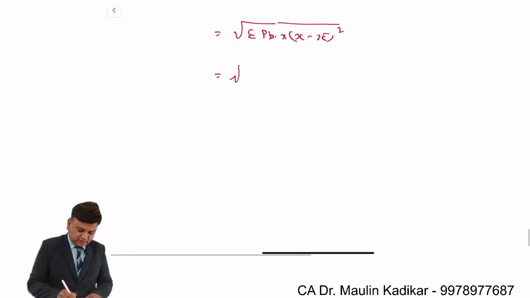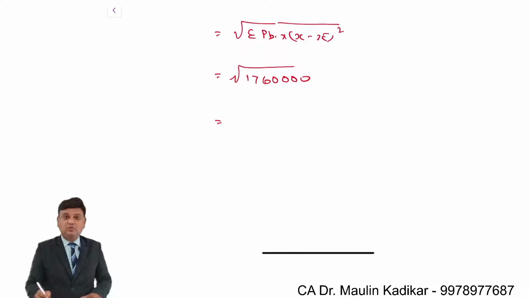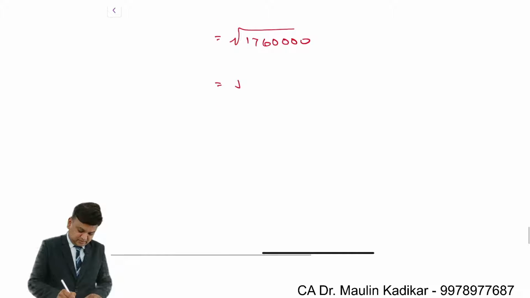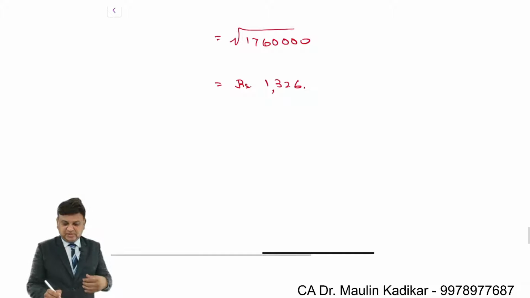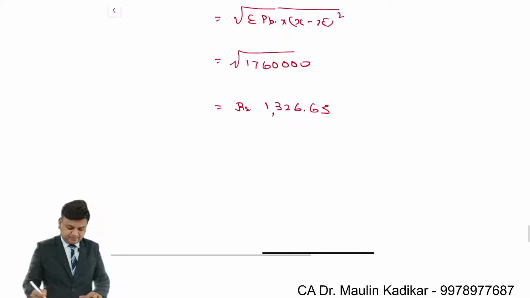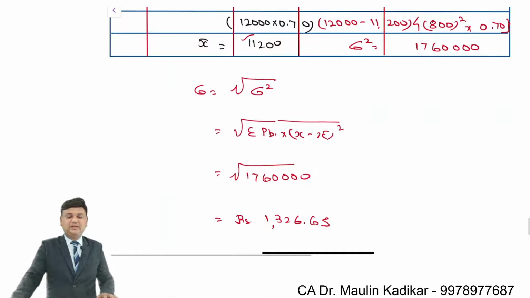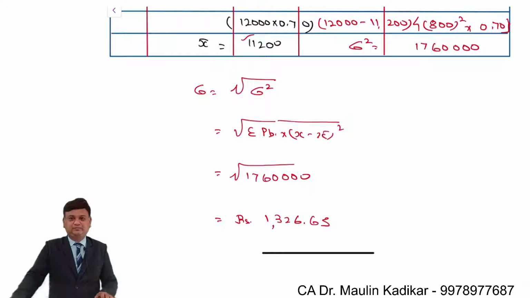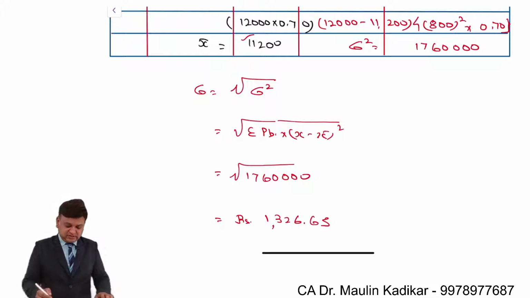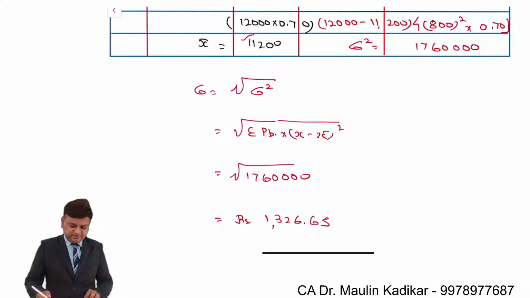So it is under root of 17,60,000. So the answer comes to 1226.65. Sorry, this is standard deviation, 1226.65, that is measured in the unit term, that is in the rupees term over here.